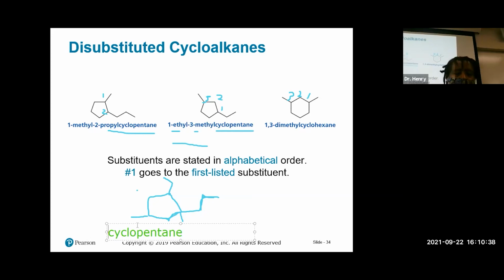I have 2 methyl groups. Where are they located? From where?